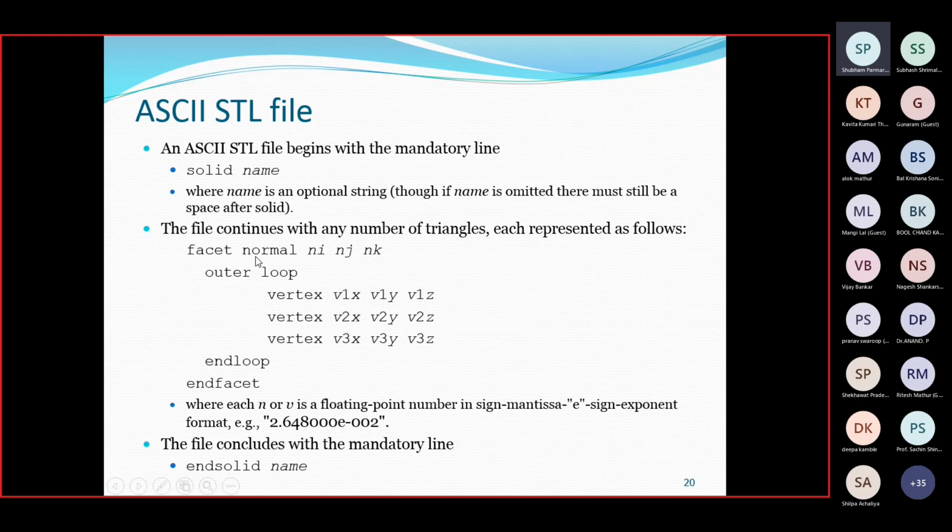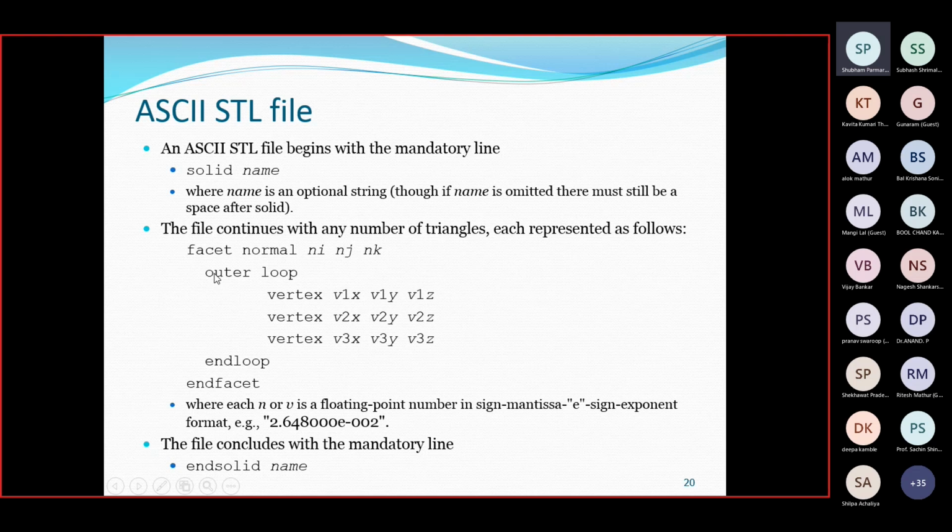So this is facet, and then normal; these are keywords you have to write here. Then the x, y, and z components, and this will always be one, because only then can you say it is outwards.